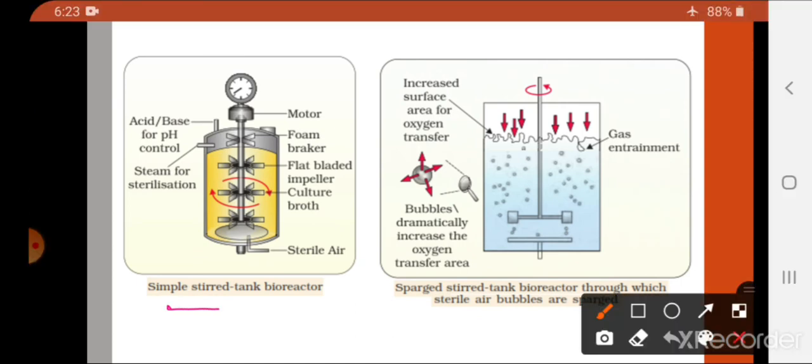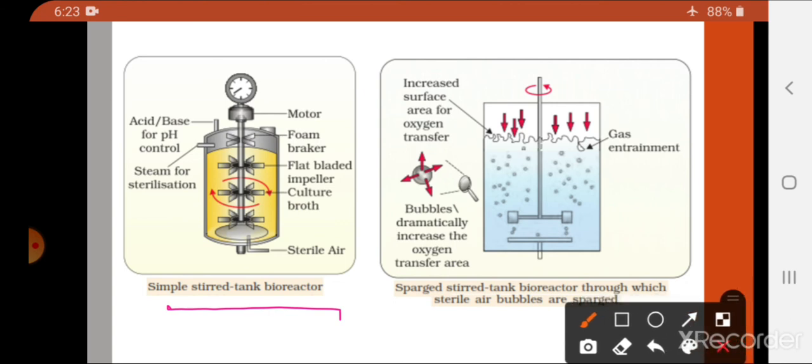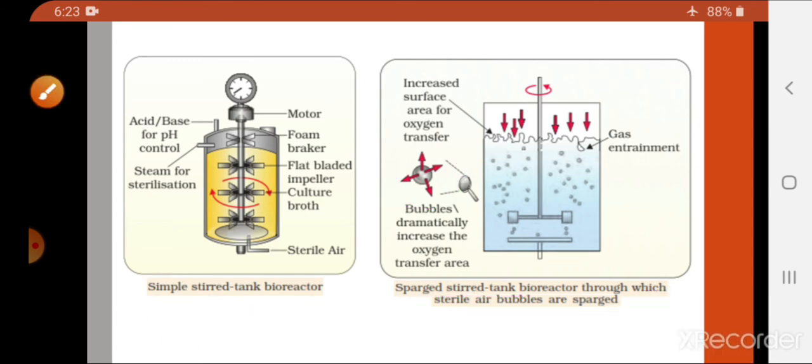This is a simple stirred tank bioreactor. एंड जो दूसरा वाला बायोरिएक्टर है, it is a stirred tank bioreactor through which the air bubbles are sparged. So both of these are stirred tank bioreactors. One is simple one and another one is where the oxygen is continuously transferred to the bioreactor.